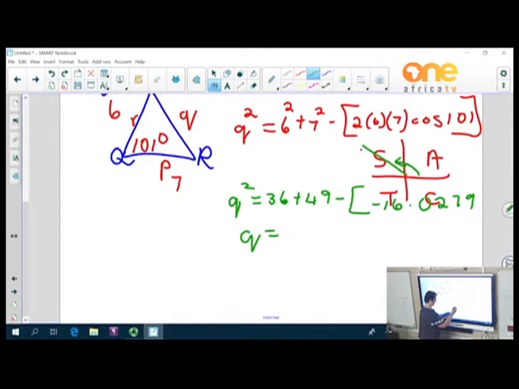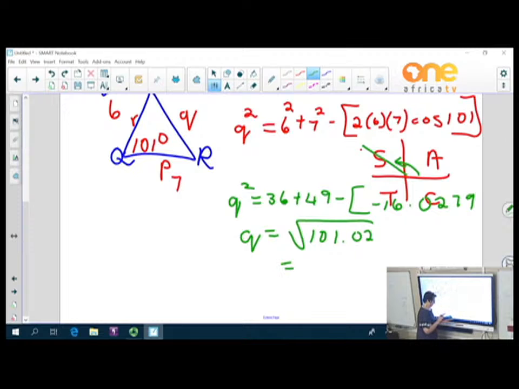So I have here in my root now 101.0279. Let me just check if that one is right. 36 plus 49 plus 16.0279. Yeah, it gives us the same answer.